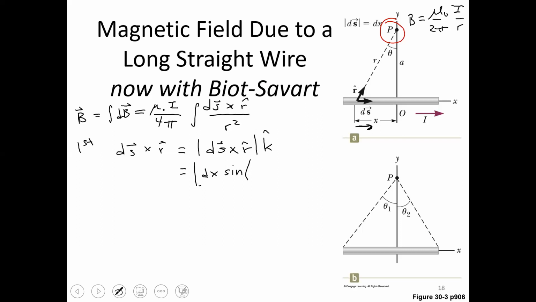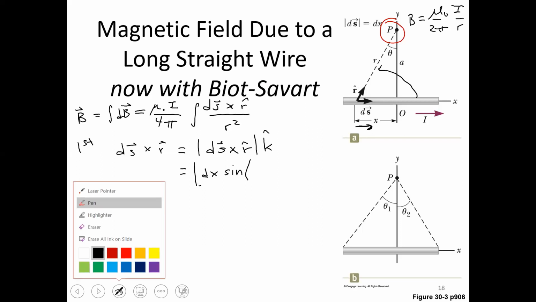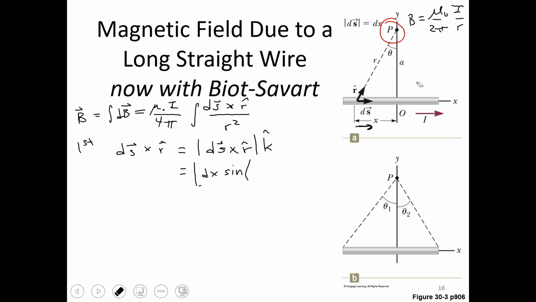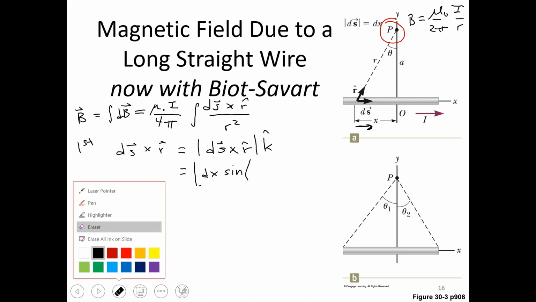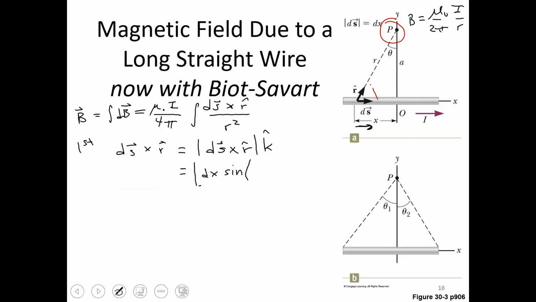So let's look at what the angle between these two things is. Actually, let's look at it this way. Between this ds and r is this angle right here.